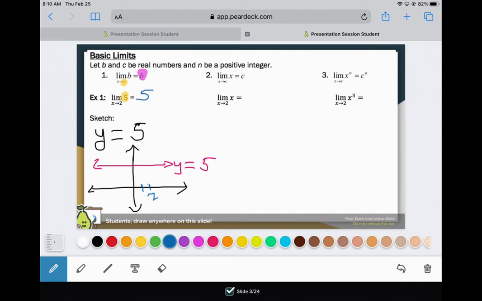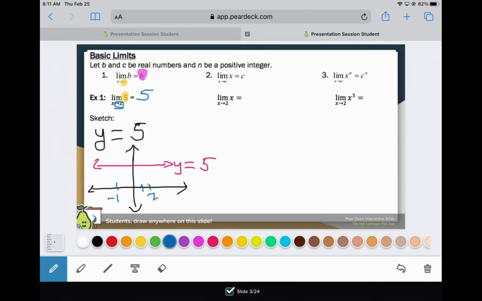Good. What about instead of 2, if I change this to the limit when x is approaching -1? What is the limit at -1? Still 5. What if I change the limit at 0? Still 5, right?